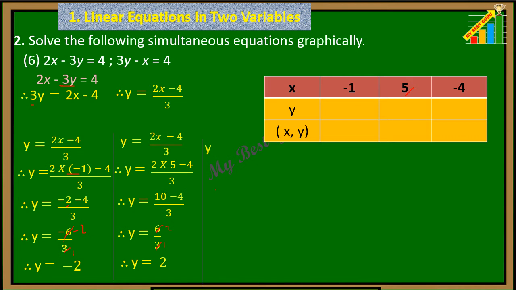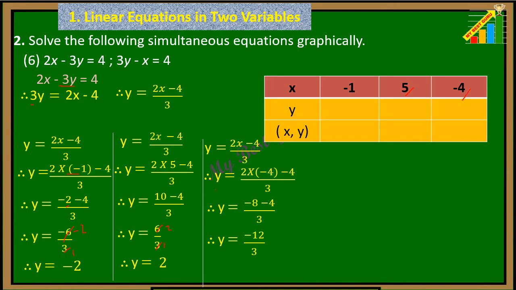Now for the third, as we put the value of x as minus 4, then we have y equal to 2x minus 4 divided by 3. So y equal to 2 in bracket minus 4 minus 4 divided by 3. When you multiply that, you will get y is equal to 2 multiplied by minus 4 is minus 8, minus 4 as it is, divided by 3.